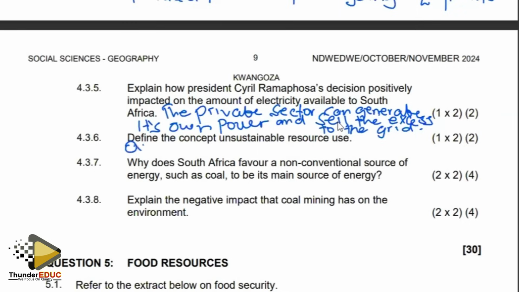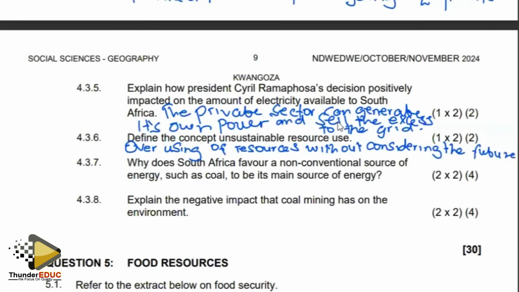So it's the overusing of resources without considering the future. That is called unsustainable resource use.